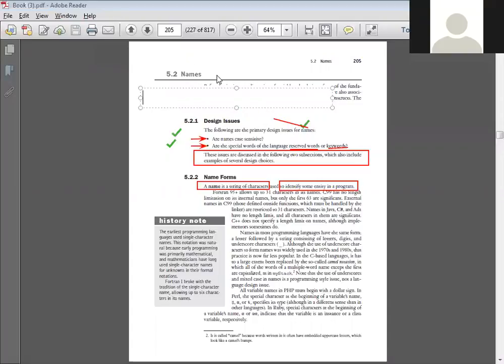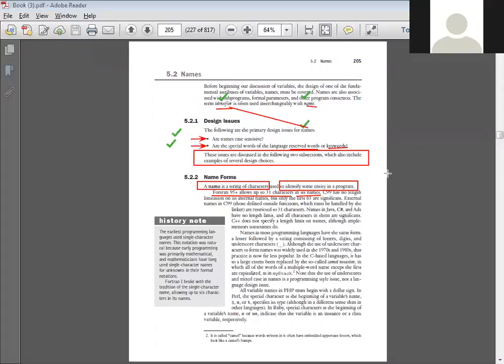Fortran 95 plus allows up to 31 characters. Fortran is a language and it allows up to 31 characters in its name. Just as you yourself have a name, count the characters in your name.